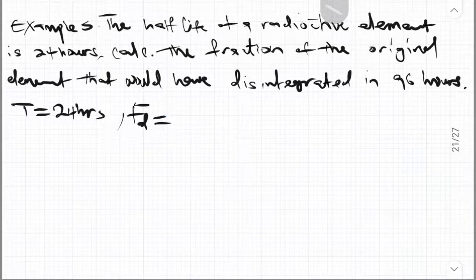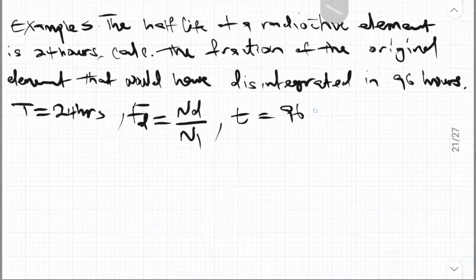Okay, fraction that decayed, right? And that is actually ND over N1. Now what is this 96 hours here? Of course, there is small t, 96 hours. All right, so first, let's see.